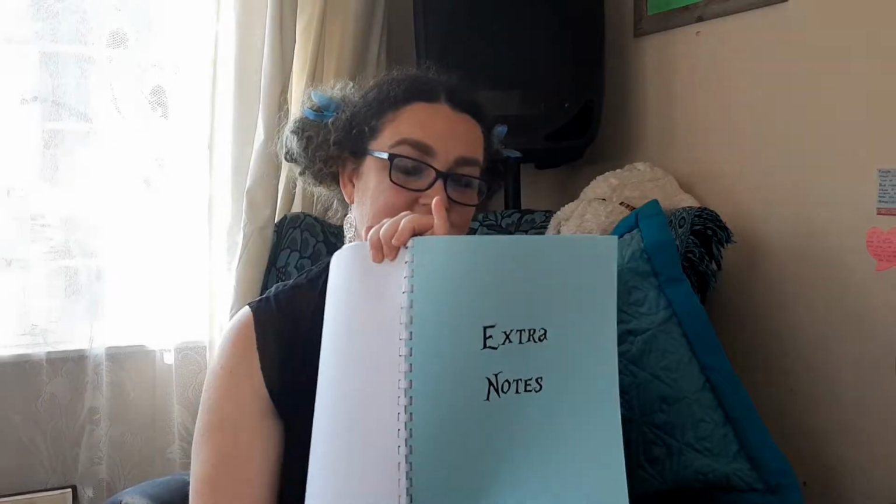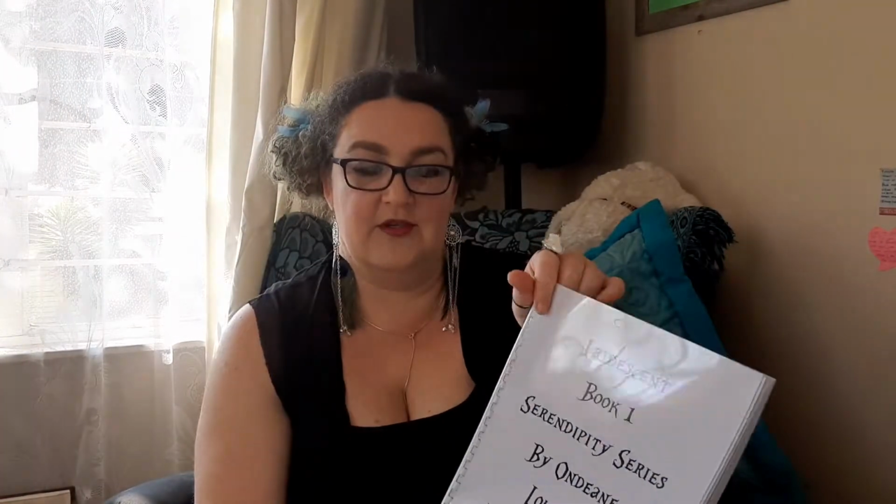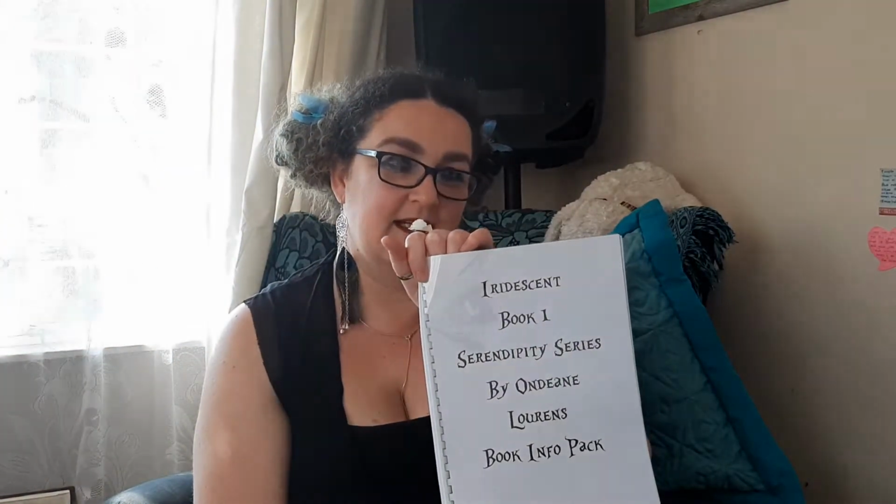If anyone wants to know what the font is of these things, by the way, I'm sure you'll probably recognize it, it's Alice in Wonderland. I love that font. Yeah, so extra notes is just where I was sitting in a coffee shop and I wrote down stuff that just came to me, like pieces of the story that came to me.